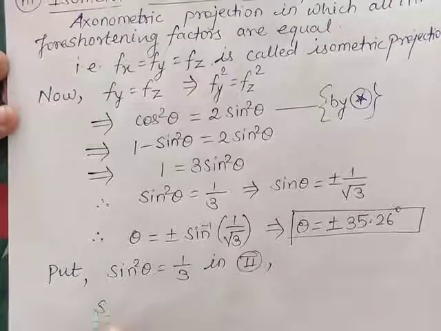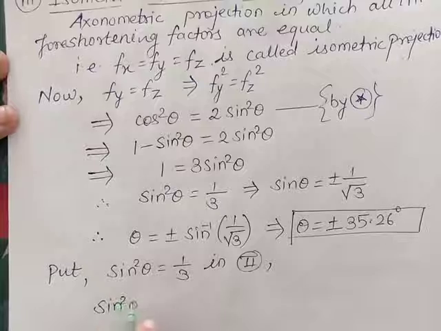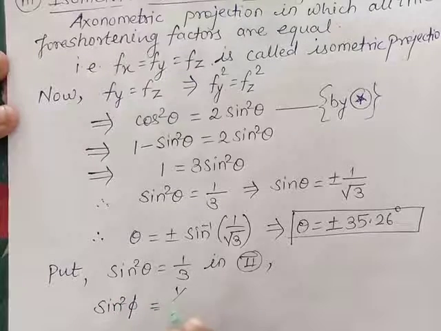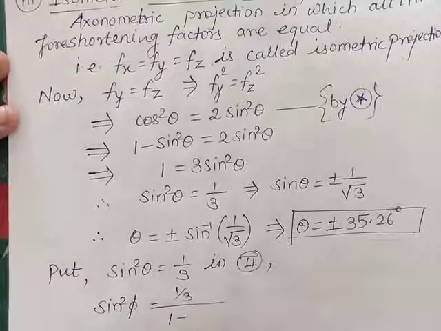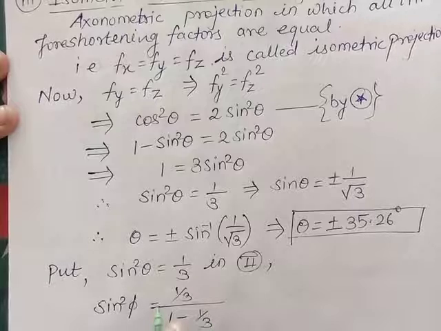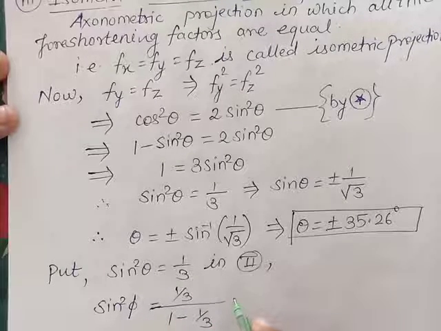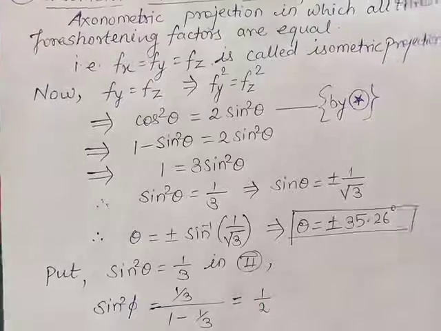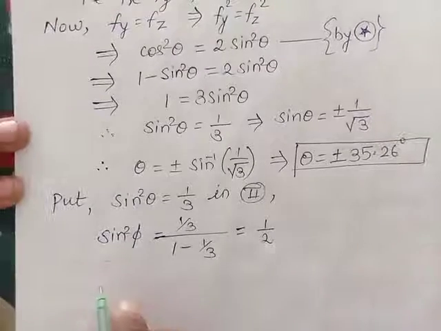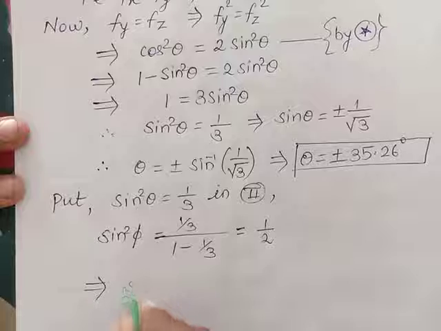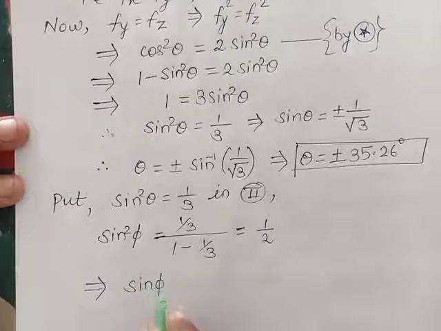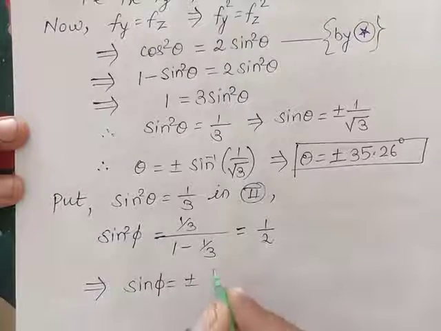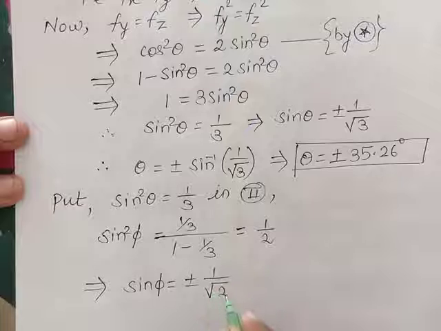It gives sine square phi is equal to 1 by 3 upon 1 minus 1 by 3, so that will be 1 by 2. This gives sine phi is equal to plus minus 1 upon root 2.